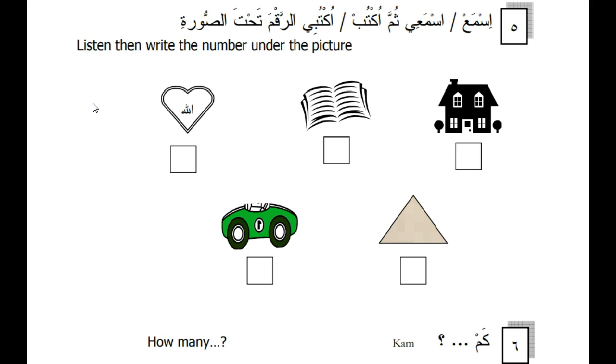For example, if I start with one word, then when you find it in the picture, you just put the number 1 under it. You can write the number 1 in Arabic, because now you know waahid, ithnayn, thalatha, arba'a, khamsa. So we have five images, and then you will use the 5 Arabic numbers. So I start. Bismillah.